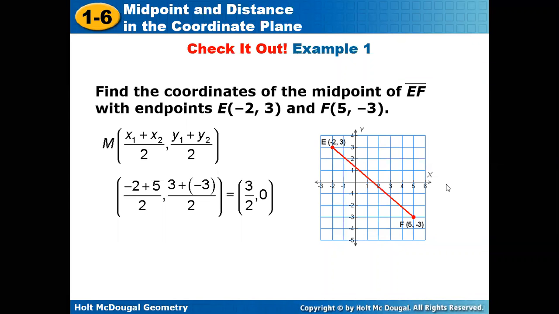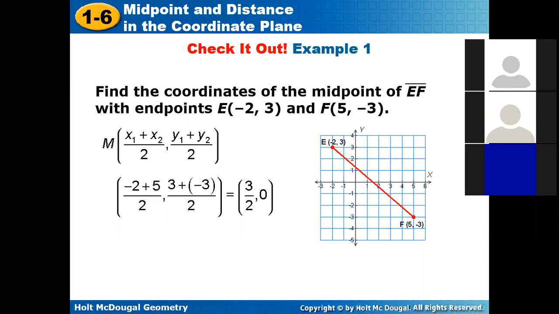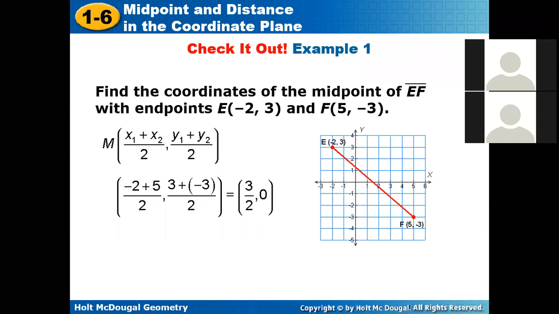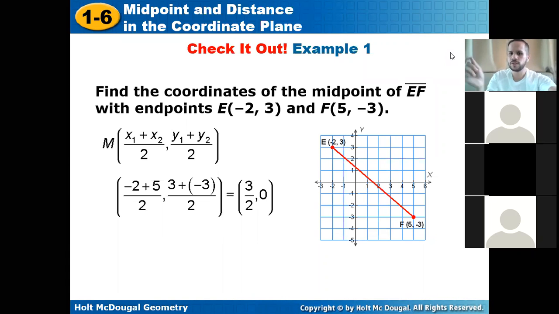The first one is -2, 3, and 5, -3. ¿Están claros con eso? Sí. Okay, it's not hard. It's just put the coordinates in the graph and unite the points so you have the segment. Es un segmento, recuerden. We are working with segments in this part. Okay, so we can continue.